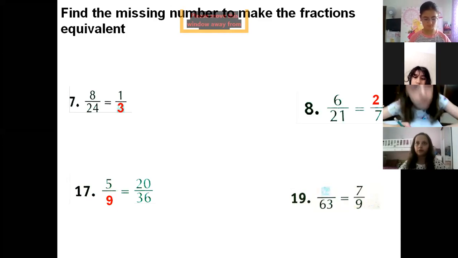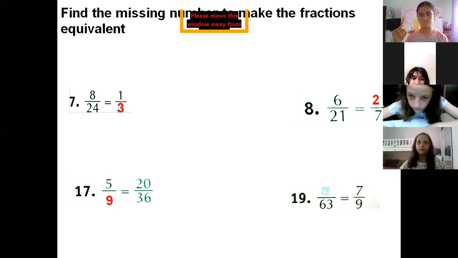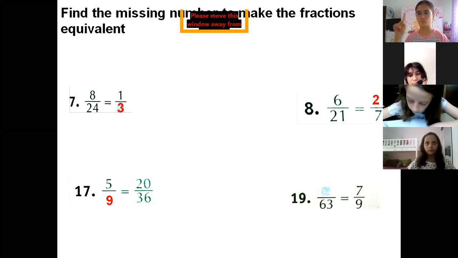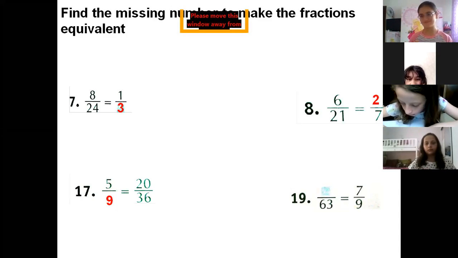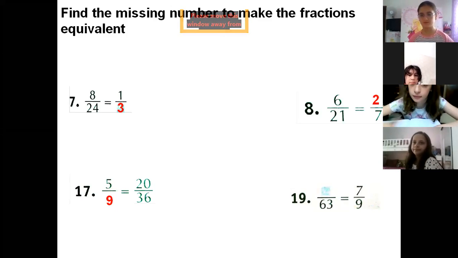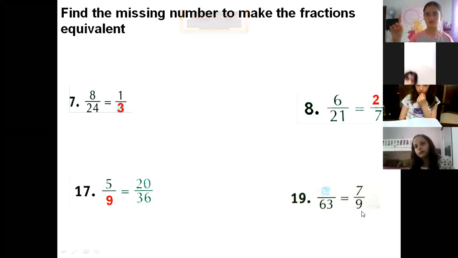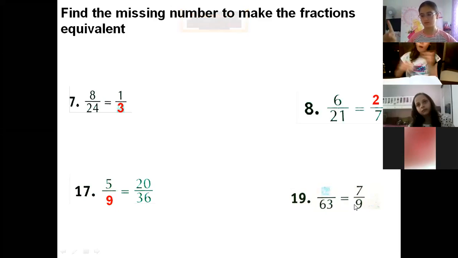Okay. So the number above must be... something by 7. Look, how did you think of it first? You said 9 times 7, 63. 27.